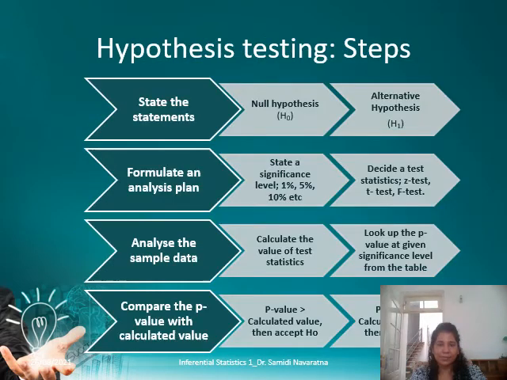Moving on. This slide gives the steps you need to follow when testing a hypothesis. After developing your initial research hypothesis, that is the prediction that you want to investigate, it is important to restate it as a null hypothesis and an alternate hypothesis, so that you can test it mathematically.